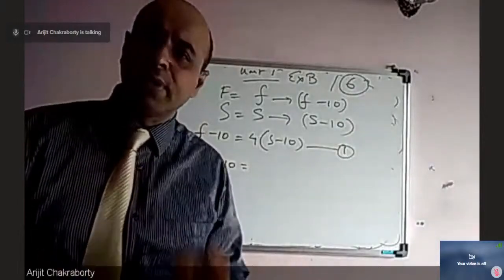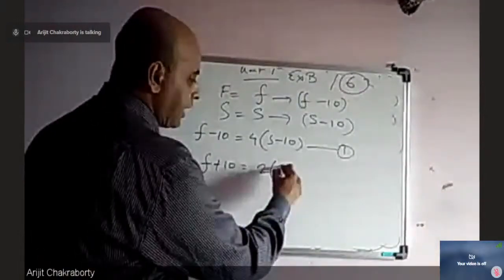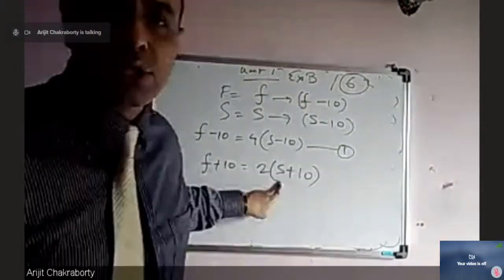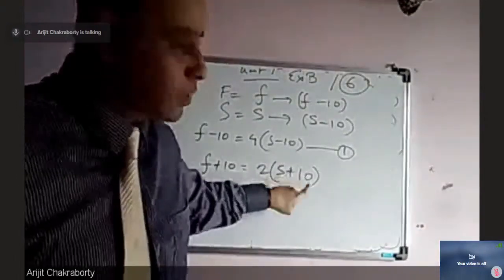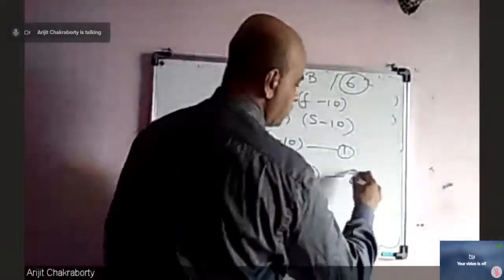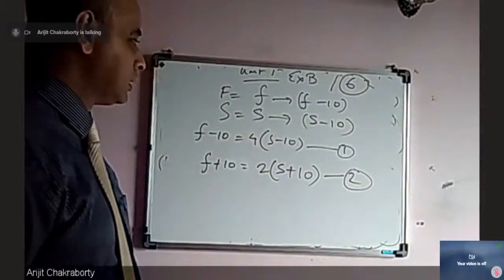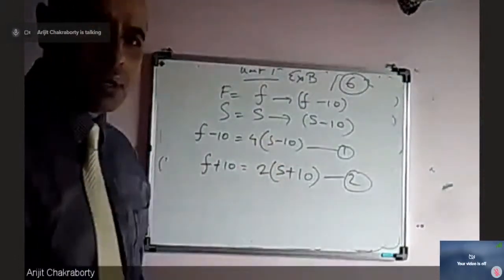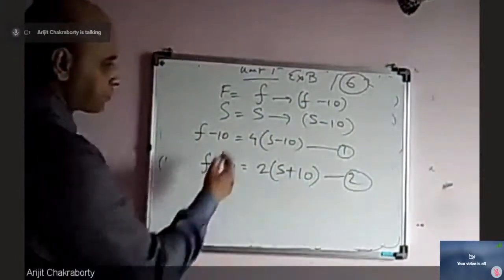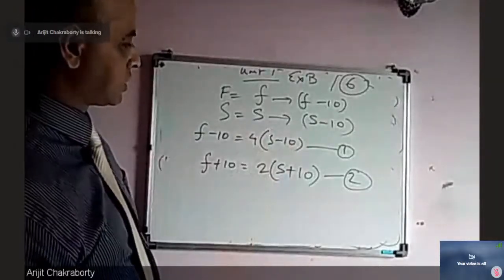Twice means 2 times. So 2 into (S plus 10), because the son's age after 10 years will be S plus 10. This is equation 2. So now you have to solve these 2 equations.